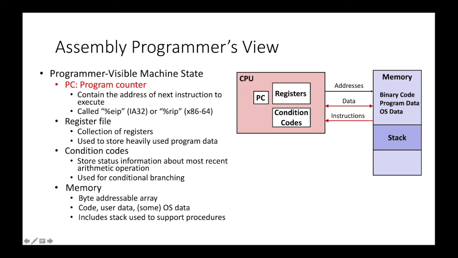Condition codes, which are special registers that store status information about the most recent ALU operation, and which are used for conditional branching. And lastly, memory, that includes the stack memory area that is used to support function calls or procedure calls.